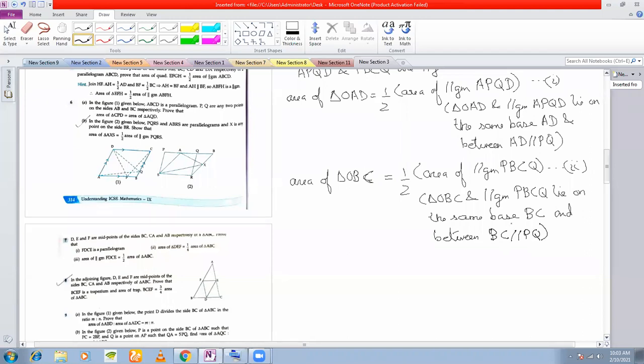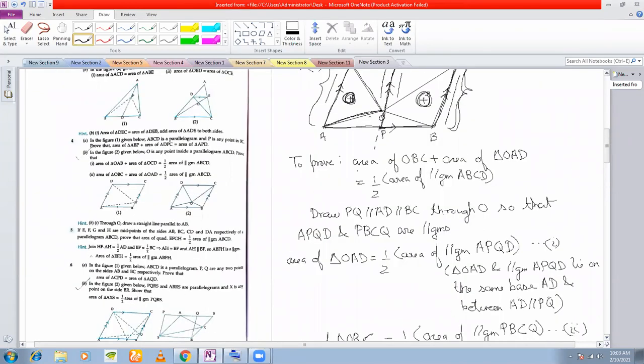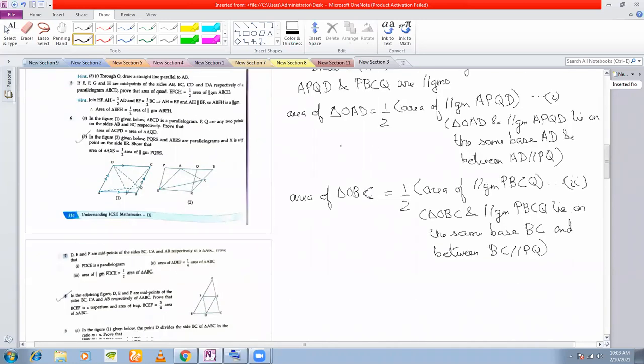Okay. So now from these two relations, what we do is we add the two relations because on the left hand side, you have the sum of the area of these two triangles, OBC and OAD. So you have OAD here and you have OBC here. So that is why you add 1 and 2.